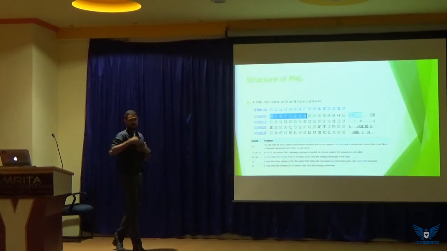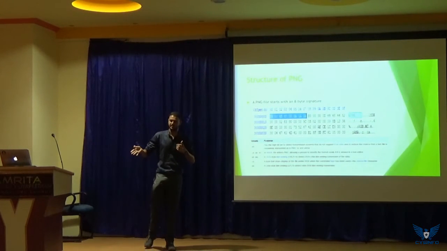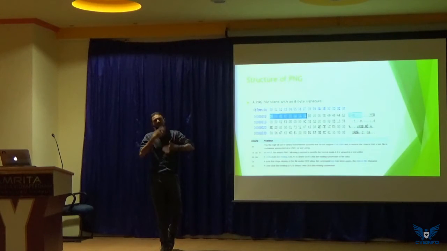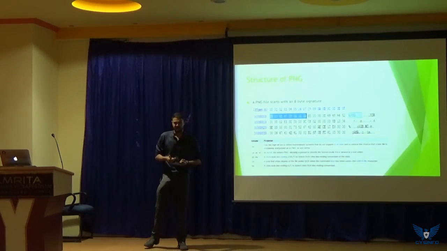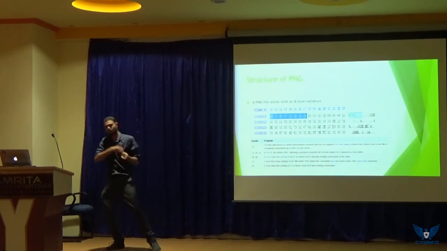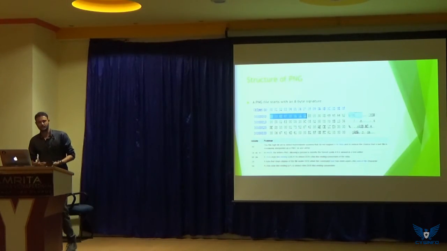So when the PNG was transferred from one place to another, it was interpreted as a text file. It was not interpreted as a PNG file. So this caused an error that the PNG was not opening at all.